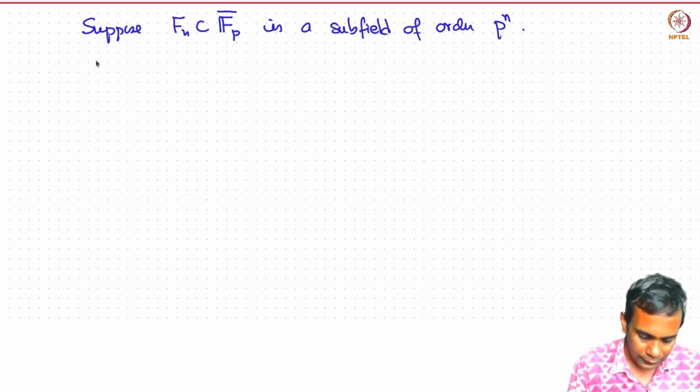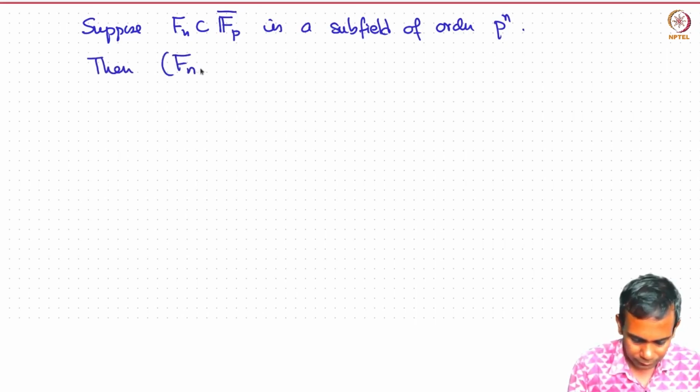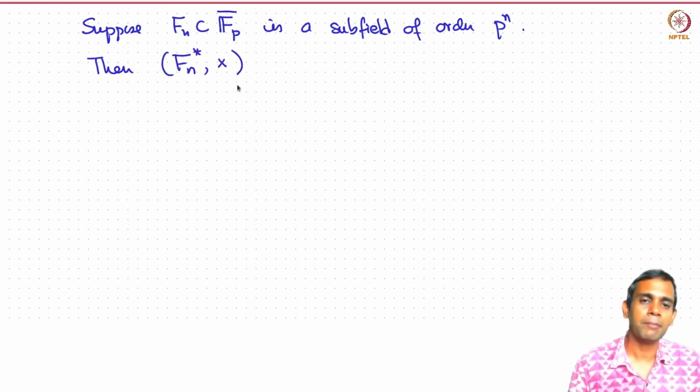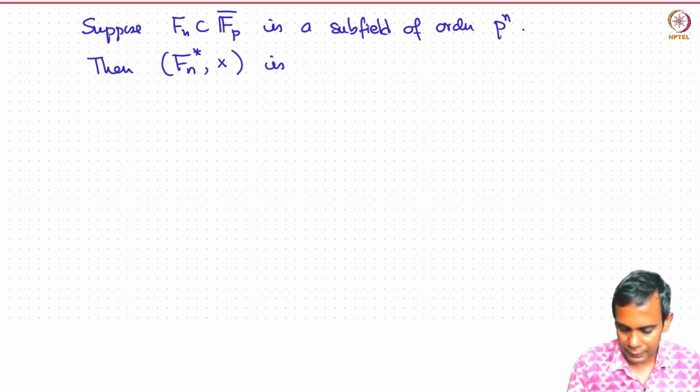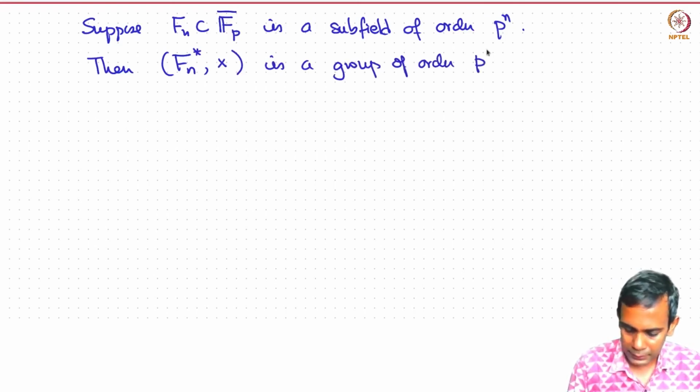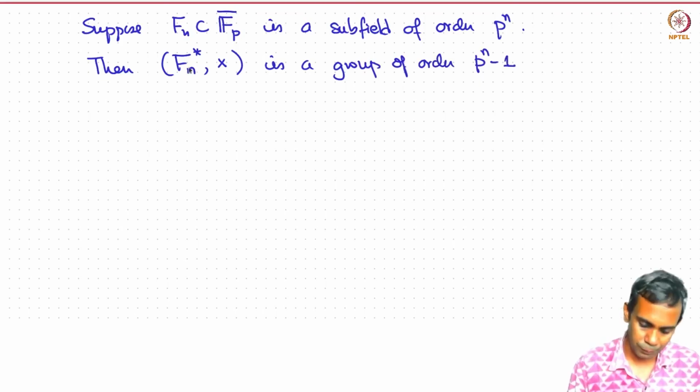Then you can look at the non-zero elements of Fn under multiplication. It is a group of order p to the n minus 1. We've just removed 0.